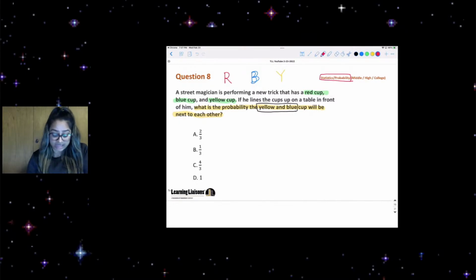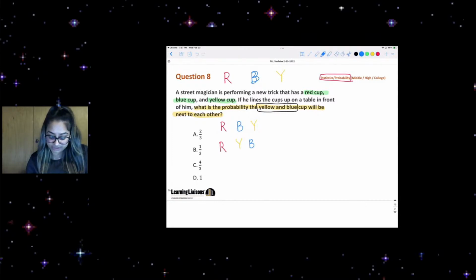So I know that I can start with a red cup, have a blue cup, and then have a yellow cup. Well, I can start with a red cup again, and I can then have a yellow cup and a blue cup. Well, I can't start with red again because there's no other way to write any of the combinations out without repeating what I already have.